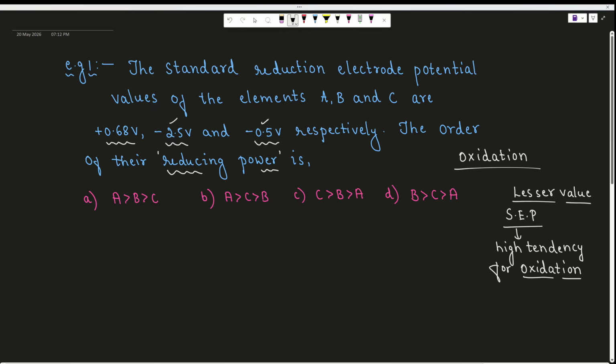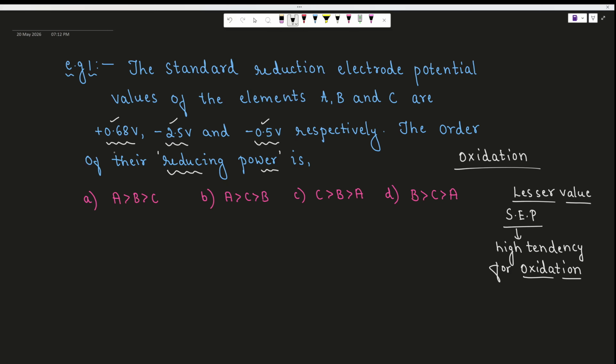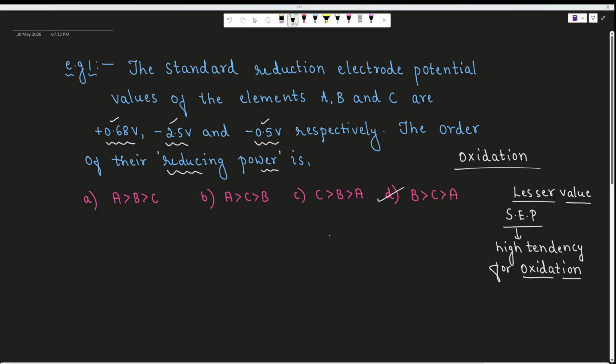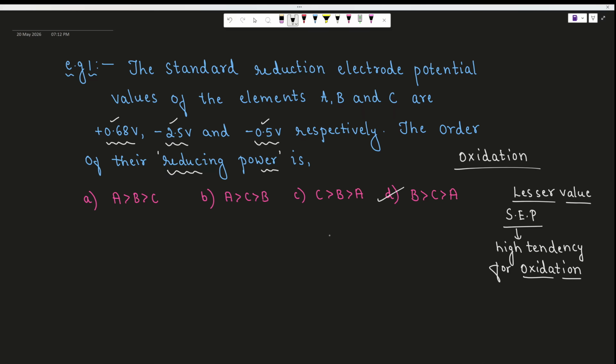Next comes the next negative value, minus 0.25, then comes the positive value. So the order of oxidation is B greater than C greater than A. The same is the order of reducing power. So B greater than C greater than A. That is the answer. I hope it is clear.